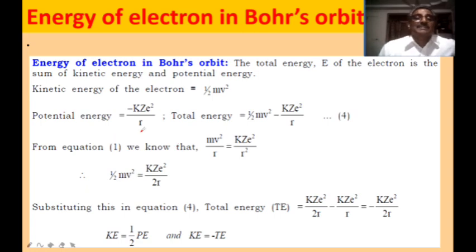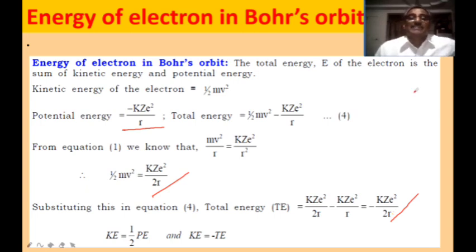So what is the potential energy? Minus kZe square by r. Kinetic energy is kZe square by 2r, and the total energy is minus kZe square by 2r.